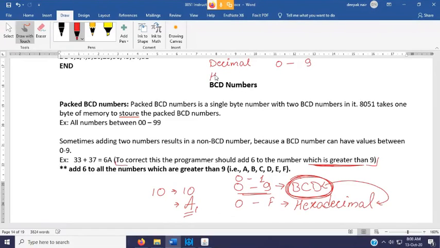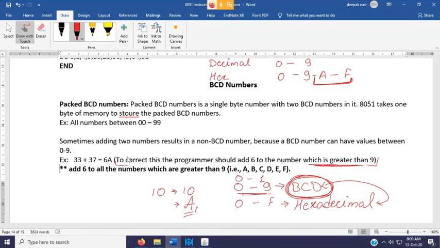In hexadecimal, we have 0 to 9, which is similar to BCD, but after that, we have A to F. Because these numbers are greater than 9, they have to be converted to their BCD equivalent. So now the question is how to convert these numbers to their equivalent BCD.